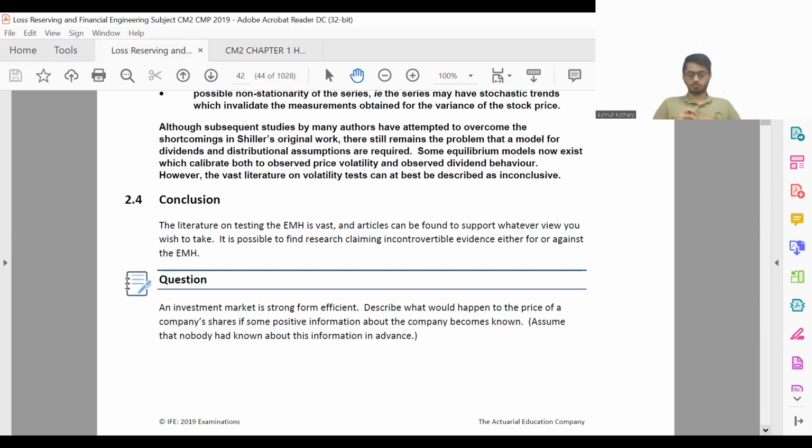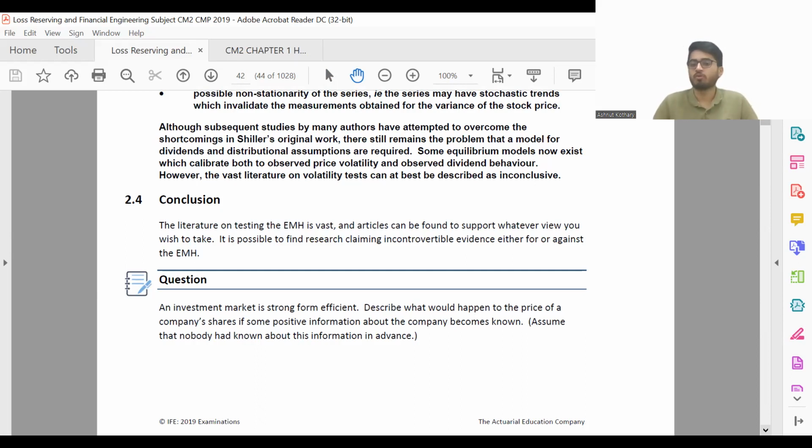What should happen? No change, and quantum change. Read what is there in the bracket. See, it's new information.